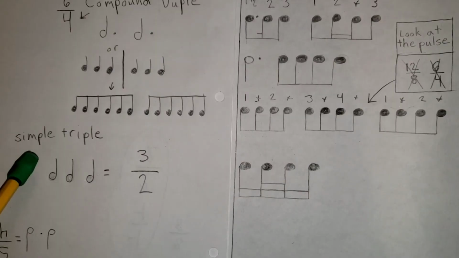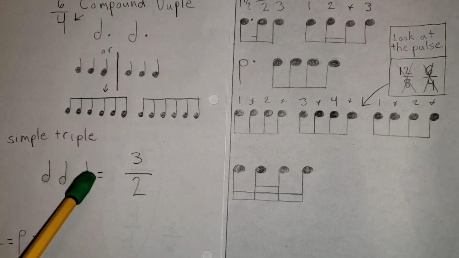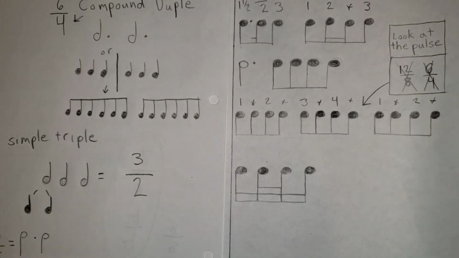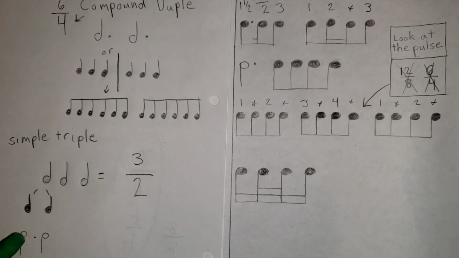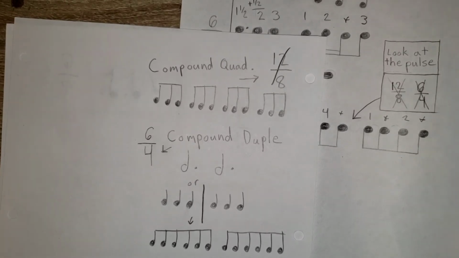2 is a simple triple time signature, meaning that the triple, you have 3 beats, and simple, each of these beats can be split into 2. And just a quick example for the first one, and they're all the same, so obviously it goes to the other ones. If we split this, we get 2 quarter notes. And remember, 2, 3, and 4 are simple, and then 6, 9, and 12 are your compound.